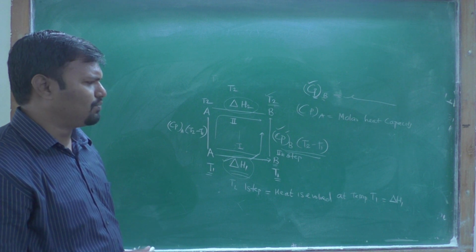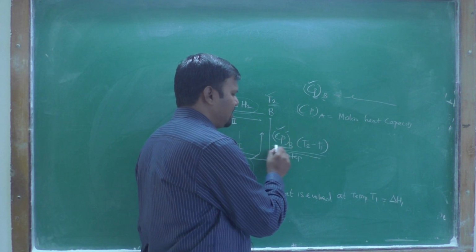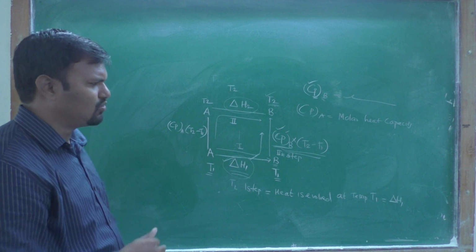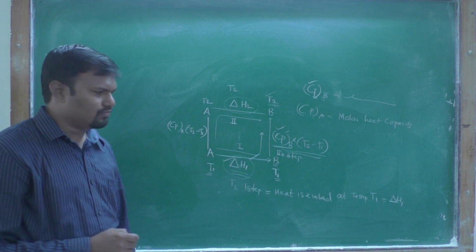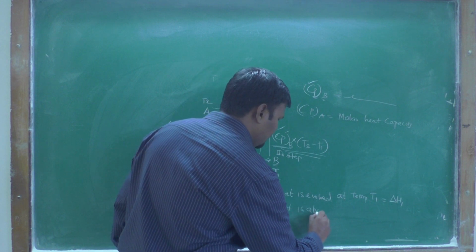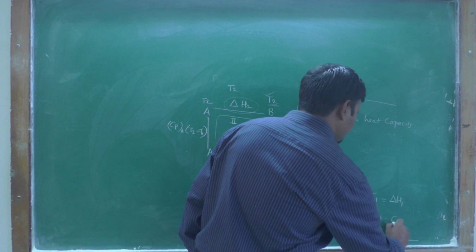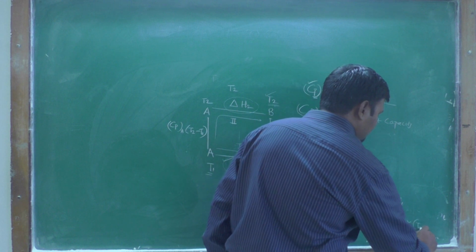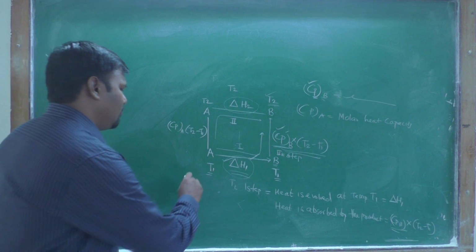This absorbed heat is given by the formula Cpb, the molar heat capacity of the product, times the change in temperature, T2 minus T1, which is also called delta T. This is about the first process.